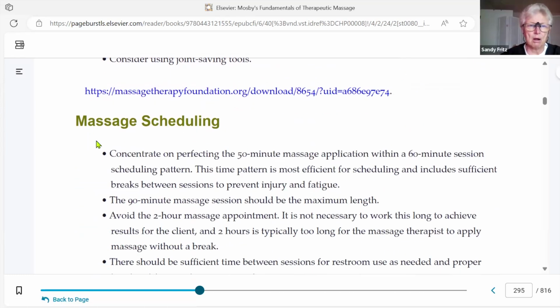So also part of this is how you schedule and perfect that 50-minute massage application within a very typical classic 60-minute therapeutic hour. And 10 minutes of that time has to do with the client getting on and off the table and doing an assessment for the session.